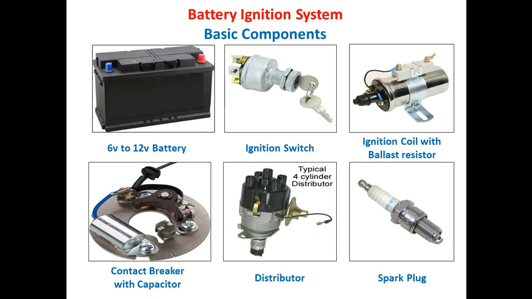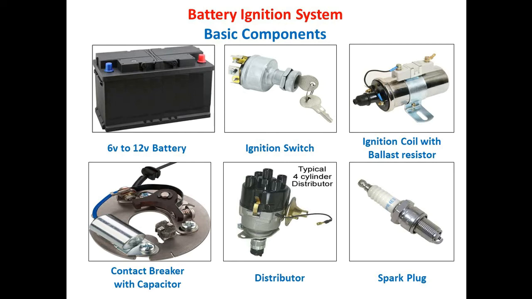Further, we have the distributor. The function of the distributor is to distribute the ignition pulse, you can say the ignition energy, to the individual spark plugs at the correct time and in the correct sequence. Correct sequence means according to the firing order of a 4-cylinder or 6-cylinder engine, it will distribute the ignition pulse or ignition energy to the respective spark plug.